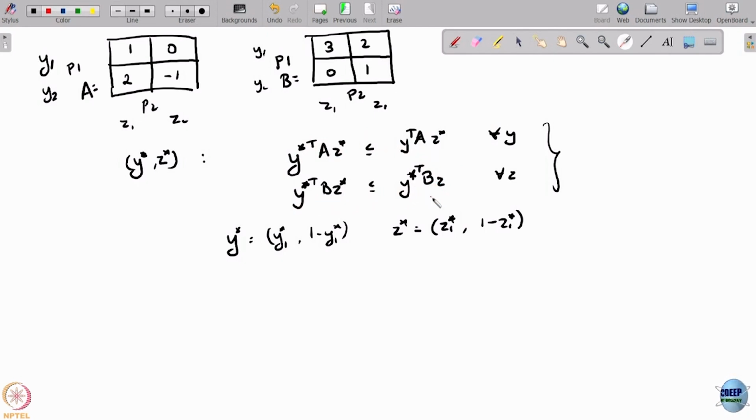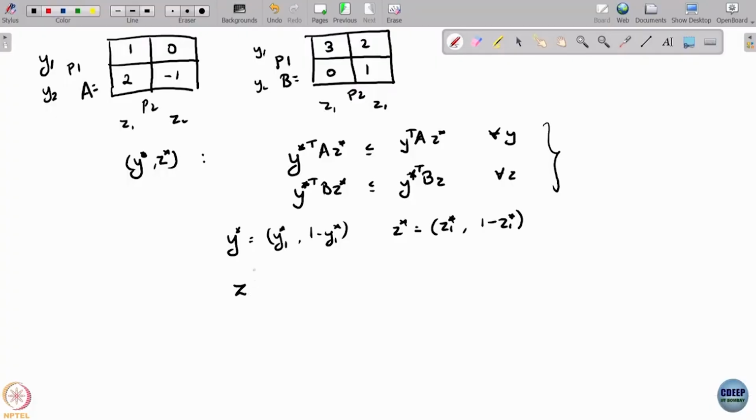Now, one possible way of doing this is to say, let us posit that each player makes the other guy indifferent between all his pure strategies. In this case, there are just two pure strategies, so make him indifferent between both of those. Suppose z star should be such that player 1 gets the same payoff from either of his pure strategies.